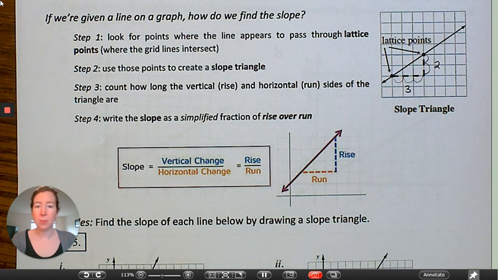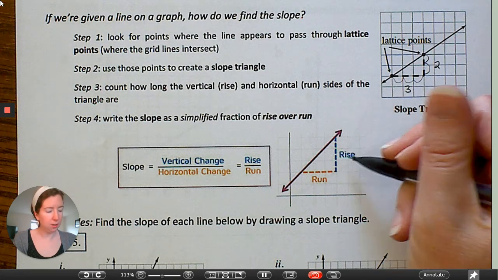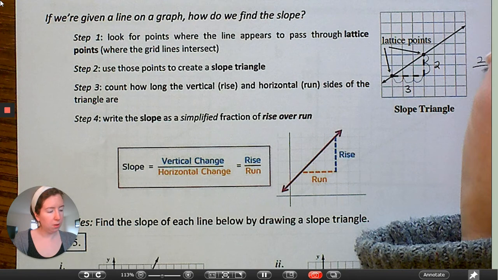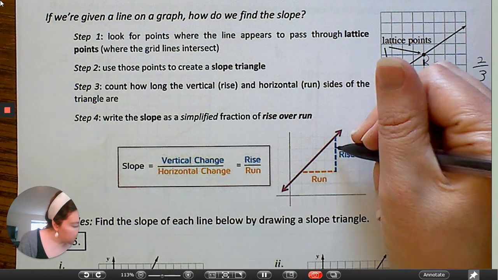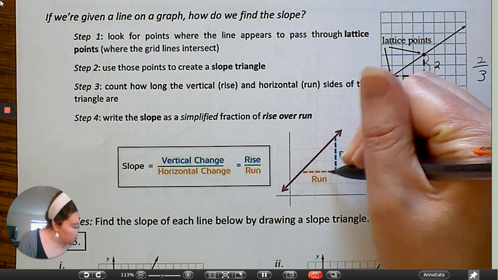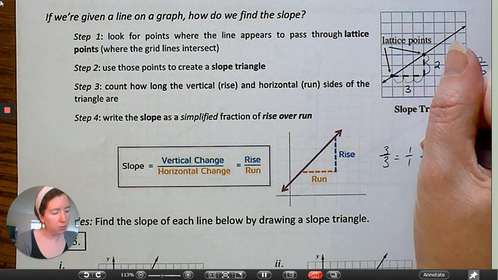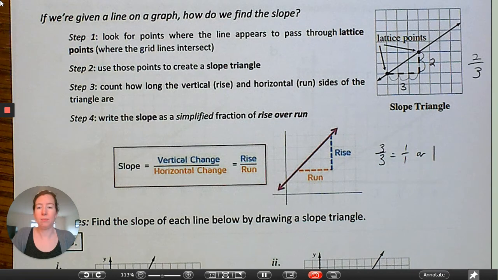And then you write the slope as a simplified fraction of rise over run. So you can see here, rise and run. This one has a slope of 2/3. This one here, 1, 2, 3, 1, 2, 3. This has a slope of 3/3, which is 1/1, or you could just say 1.